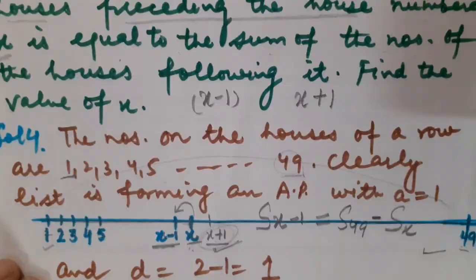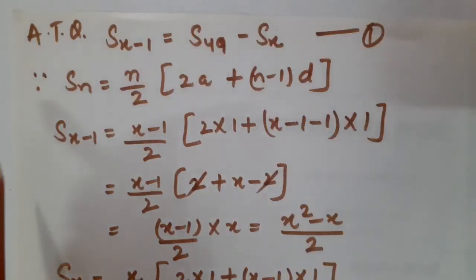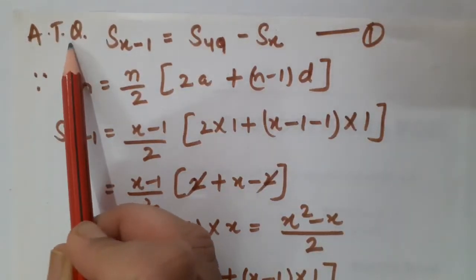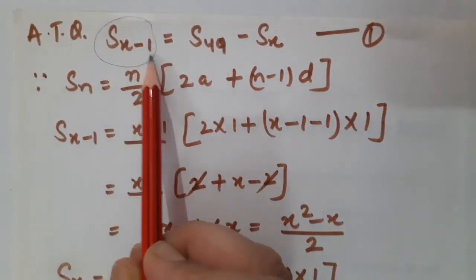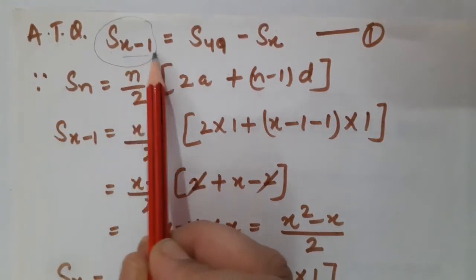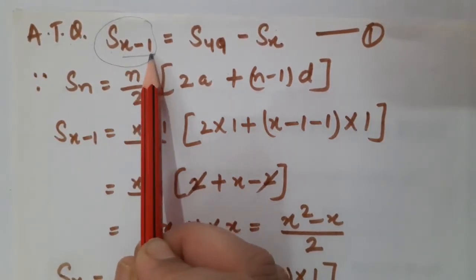Correct, students? So have you understood, children? Let us recall it according to the question. This is the sum of the numbers of the houses preceding x. That is S of x minus 1, because x minus 1 is preceding x.